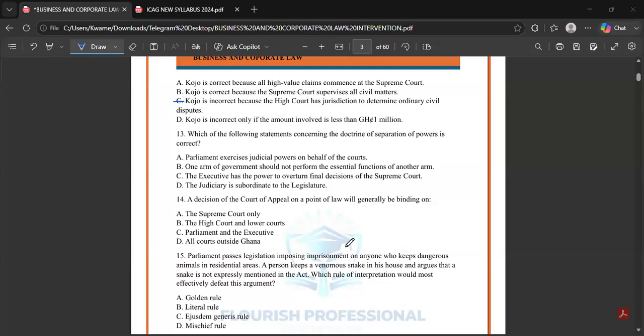A. A parliament exercises judicial powers on behalf of the courts. B. One arm of government should not perform the essential functions of another arm. C. The executive has the power to overturn final decisions of the Supreme Court. D. The judiciary is subordinate to the legislature.